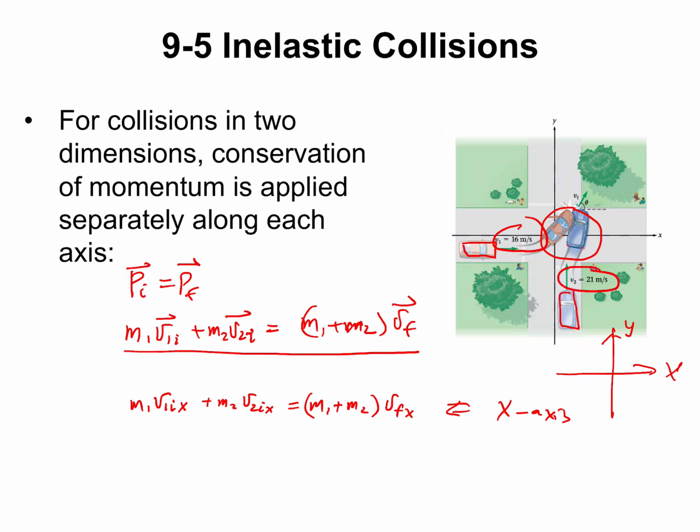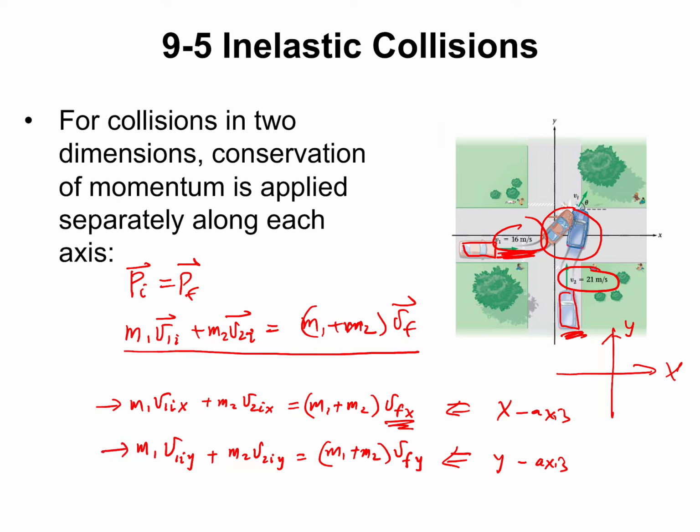Actually, only v1i has an x component; the other has no x component. Similarly, you have the equation for the y-axis. The components in the y-axis are also conserved. From this equation you can figure out vfx, and from the other, vfy. Everything else is known.